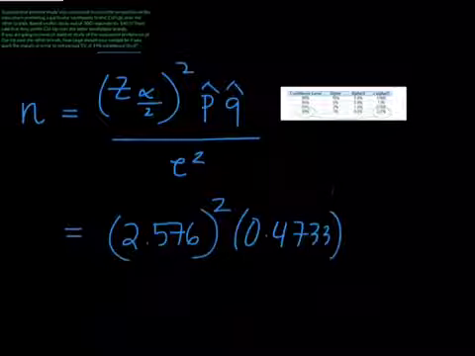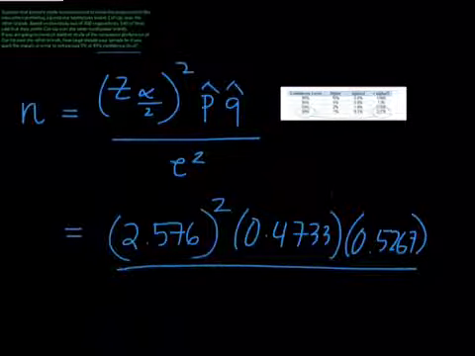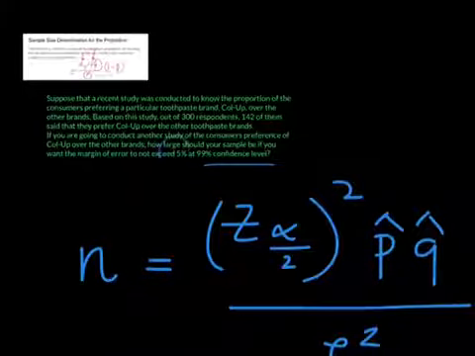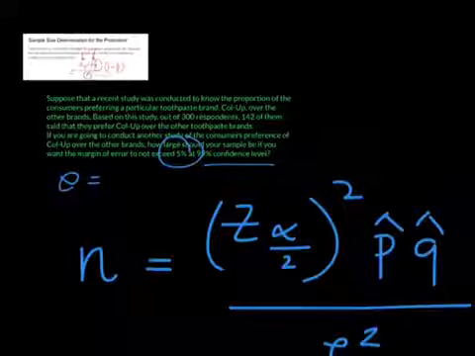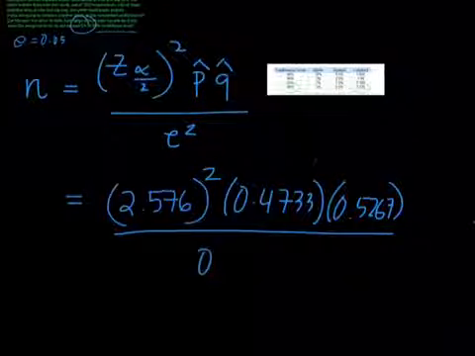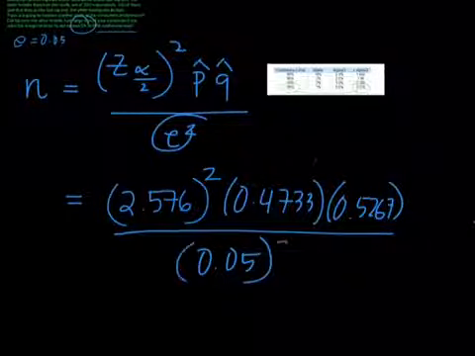So going back to our setup, this will now become 0.4733 times 0.5267, divided by the margin of error, which according to our problem should not exceed 5%. So that means E is equal to 0.05, and from the formula you have to square it.